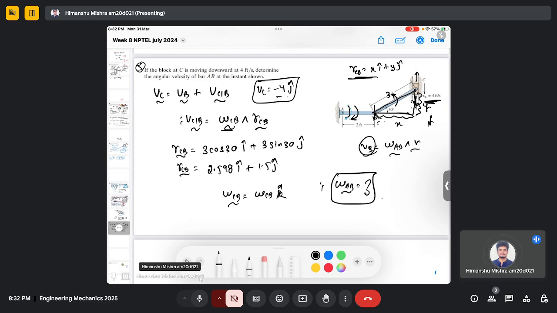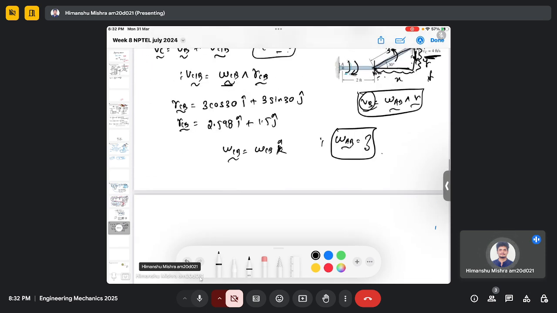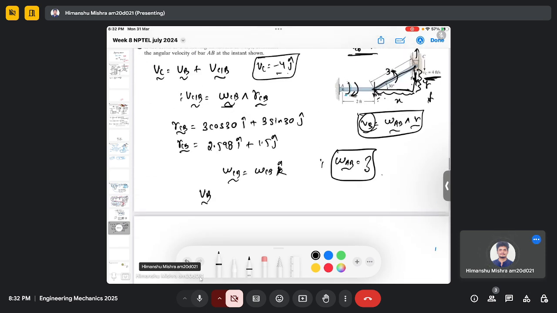For VB, we can use this relation: VB can be written as omega AB cross R. This is RAB, and you can see RAB is 2 feet along the x-axis, so RAB is 2i.